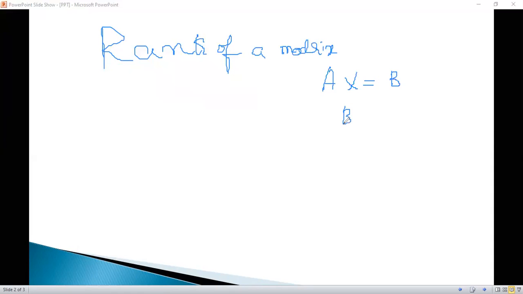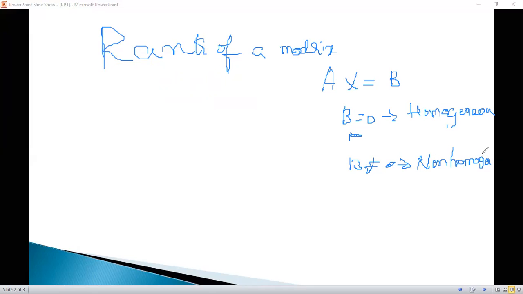Here, if b equals 0, then we say that it is a homogeneous system of linear equations. If b is not equal to 0, then it is a non-homogeneous system of linear equations.